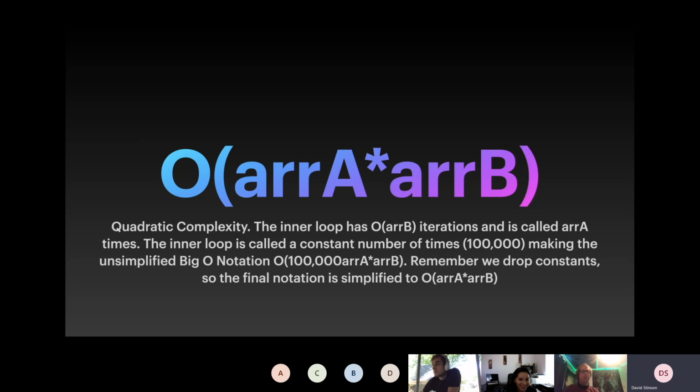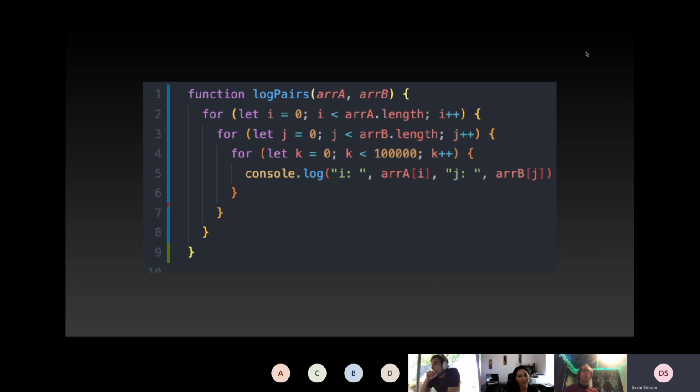Because our last loop is constant, we drop it. Say array A was a trillion items and array B was a trillion, suddenly the 100,000 items in our last iteration don't matter that much.